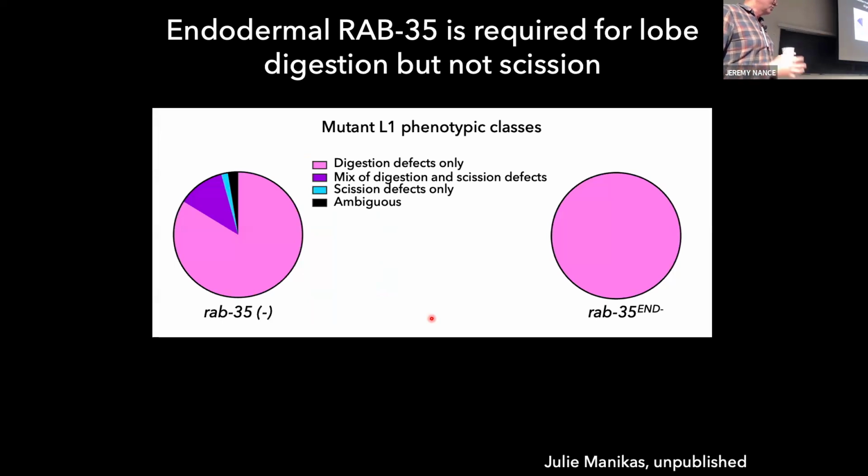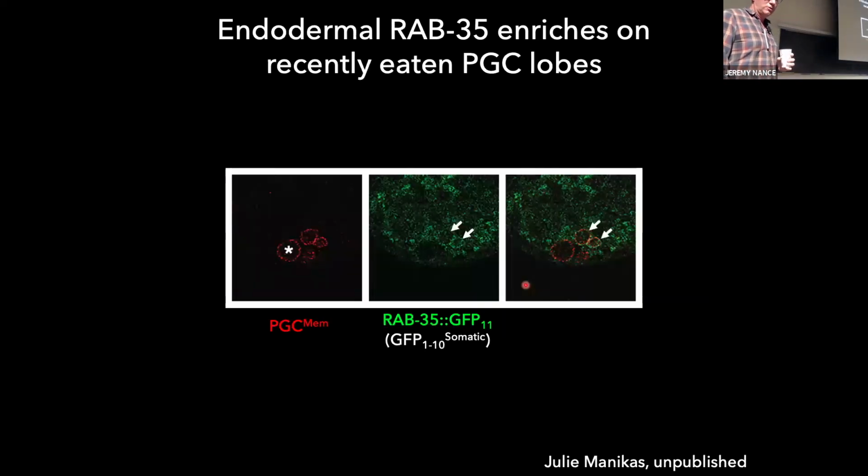The surprise came when she started looking at the phenotype, and I'm just summarizing a bunch of her FRAP data here. But it was very different than the mutant. So she didn't see these cases where there was a scission defect. Everybody was cut, just wasn't being degraded, okay? So our interpretation of those results was that the protein was involved in degrading, but not cutting the PGC lobes in the endoderm.